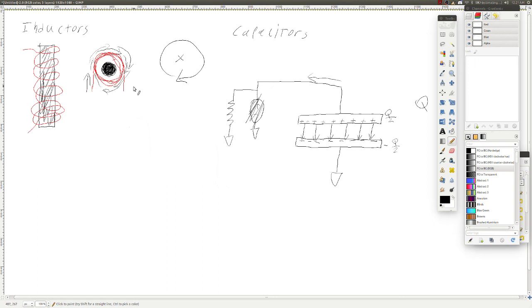But if you have a current moving around this inductor in a loop, so it's coming in like so, and then moving down like so, what you've done is you've created a magnetic field. That magnetic field is going to be imposed on this core, and this core is going to get a short-term magnetic polarity.